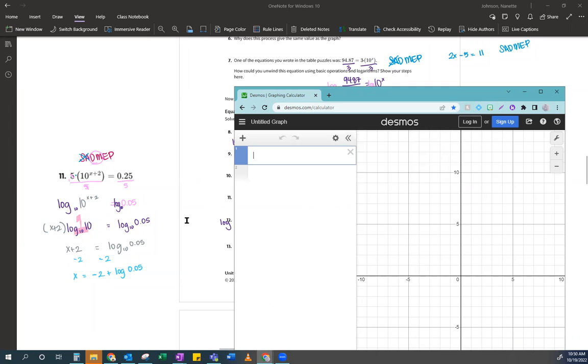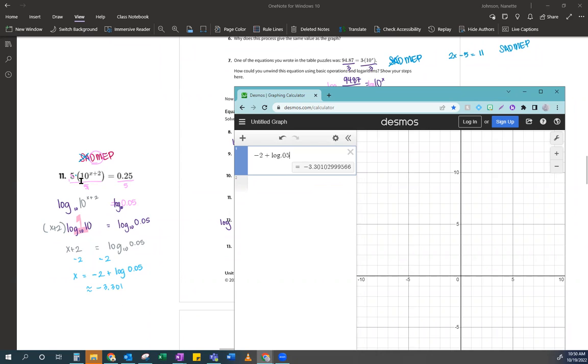So then here, I'm going to plug that in. It's going to be -2 plus log, and I don't have to put 10. If you want to, you can, but there's my answer, -3.3010. So this is about -3.3010. So we'll just leave it like that. Okay, and so there's your answer.